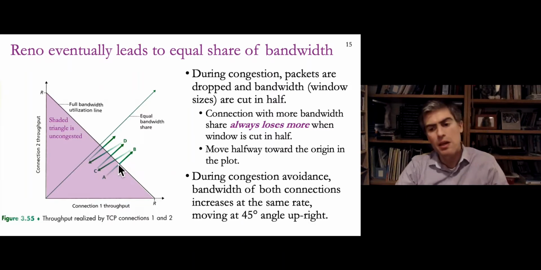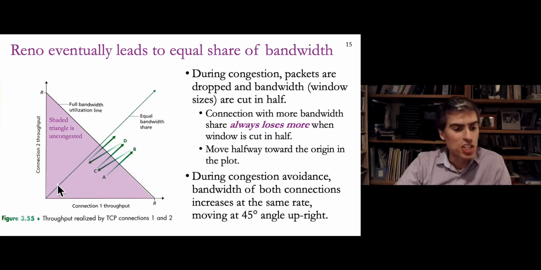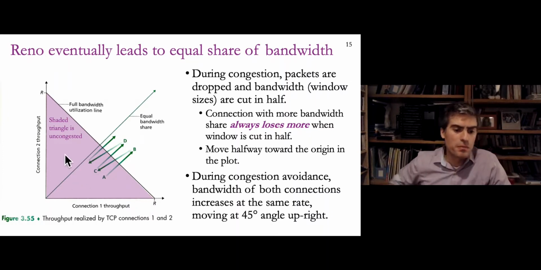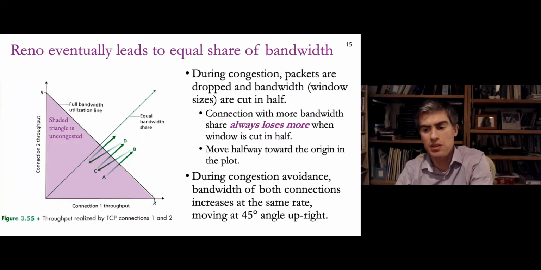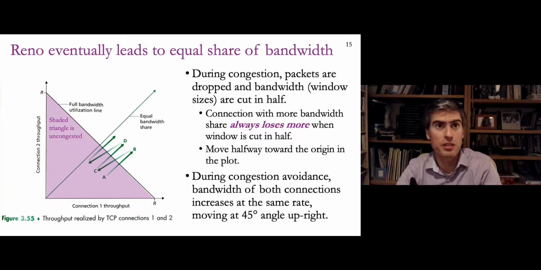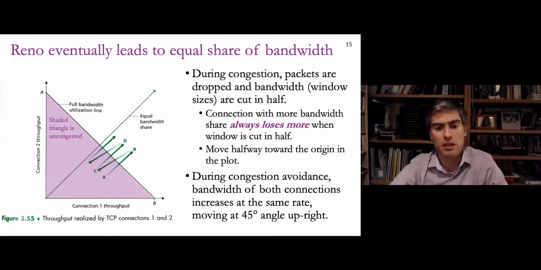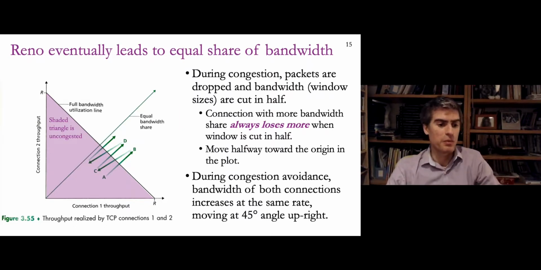Okay. Now, when you're in the shaded region, how do you move? Well, in congestion avoidance, there you have linear increase. Remember, so both of the connections will every round trip time increase their speed by a constant amount.